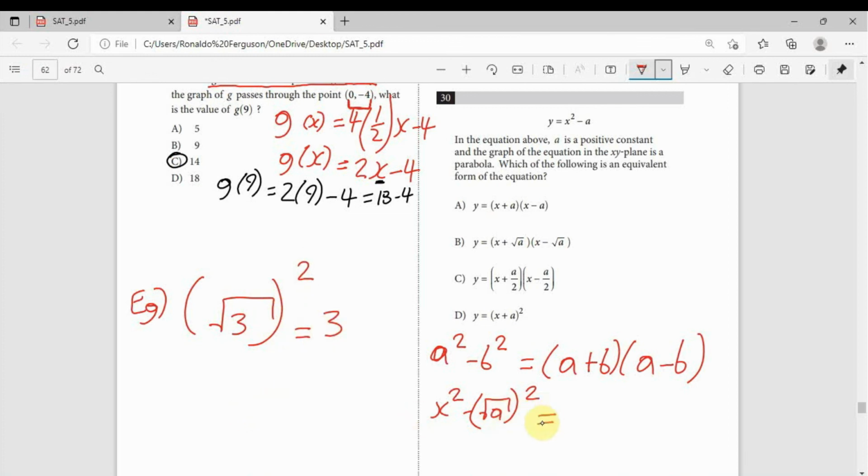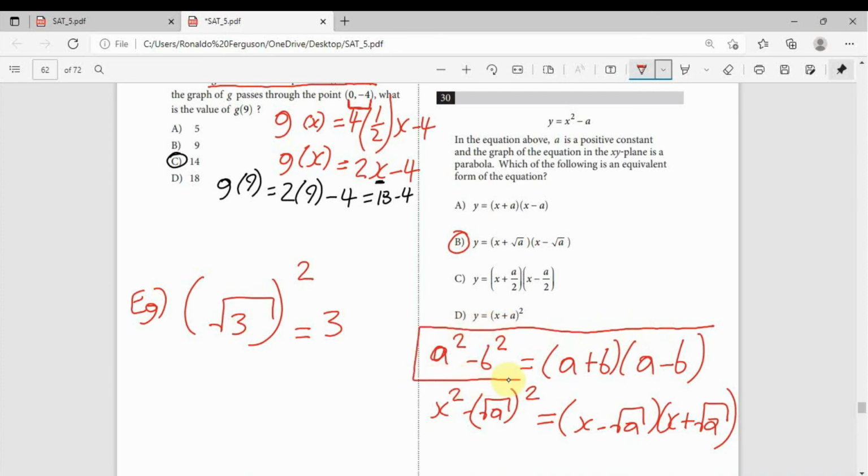So using the difference of two squares, this is x minus the square root of a, times x plus the square root of a. That's option B. So this is the formula that we use to do this question: a squared minus b squared is a plus b times a minus b. Wow!